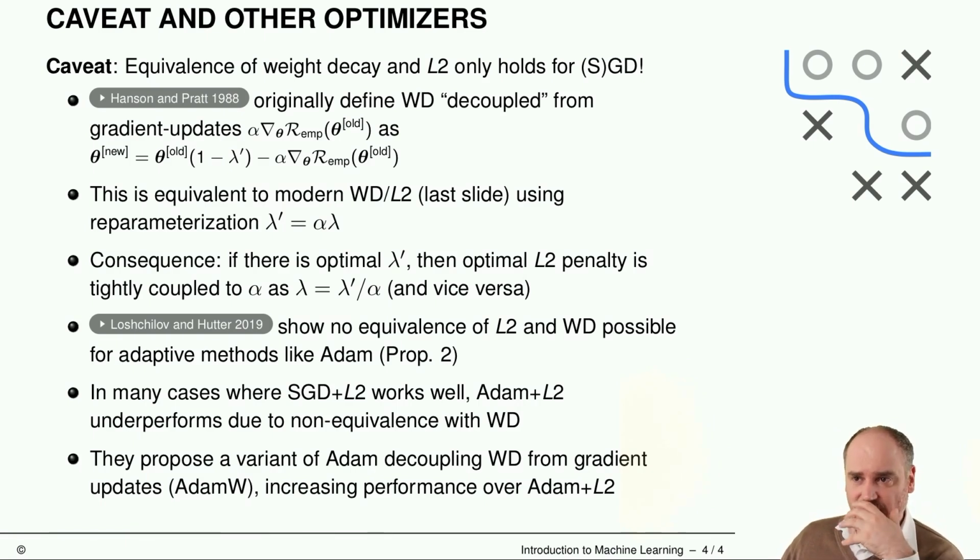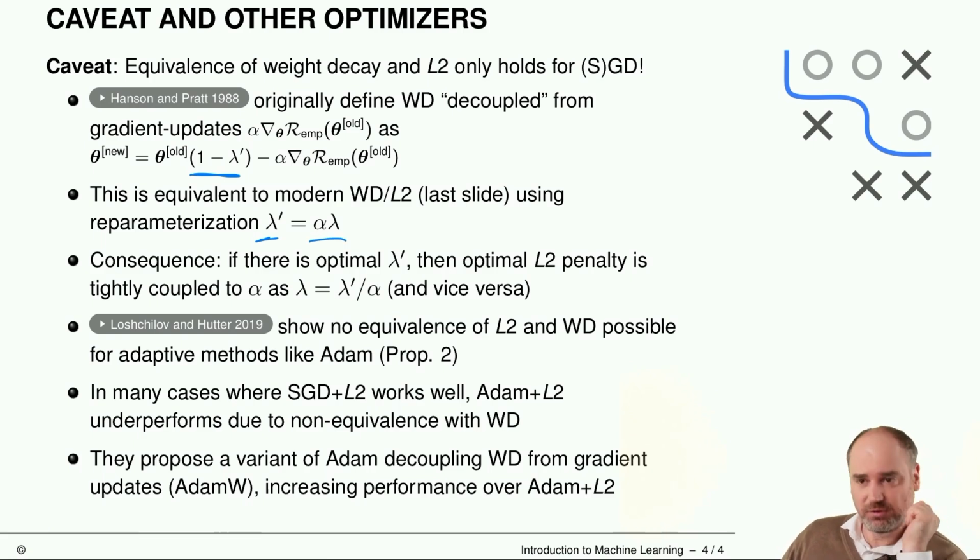First caveat: if you look into the original paper by Hanson and Pratt, which is now fairly old, from 1988, they actually define weight decay decoupled from gradient descent update steps. So they give a slightly different formula here with a lambda without an alpha. Of course I can rewrite that to my form by just setting lambda dash to alpha times lambda.